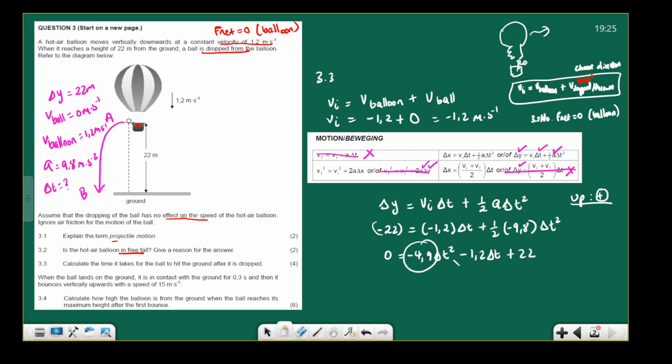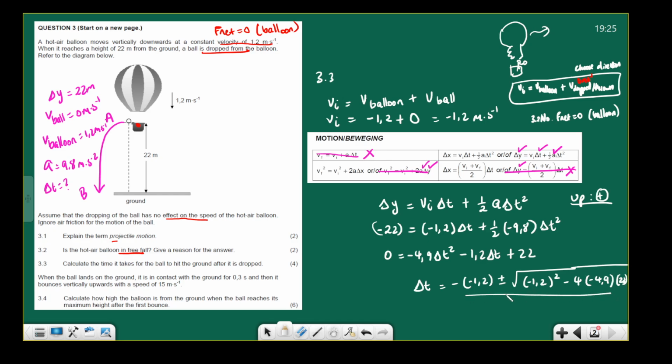So this is your a, your b, your c. You're gonna put that into the quadratic formula, meaning you'd say change in t is minus b, right? Make sure to put negative, plus or minus. So we're doing a little bit of maths there. Negative 1,2 squared minus 4a. Our a will be negative 4,9, while our c will be 22.